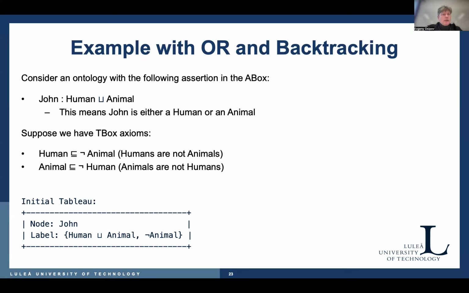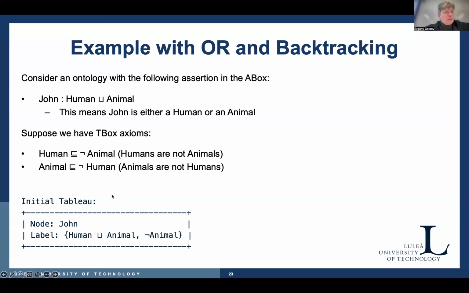And again, the Tableau algorithm starts with, oh, that's not the initial. The initial is without not animal. So John, human or animal, and then on the first step you start to create two branches.